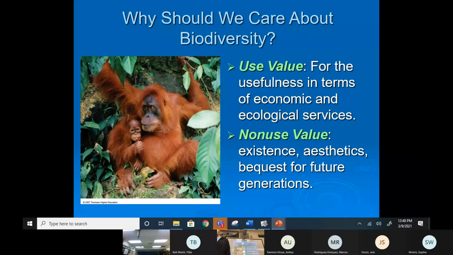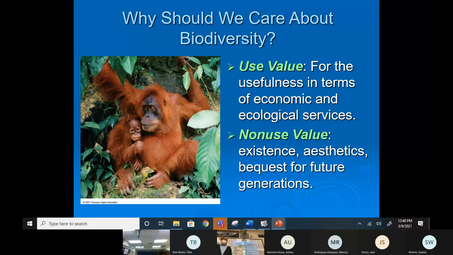Well, we can split these reasons for caring into two groups: the usefulness of the organism, or other aspects of the organism that don't have to do with its use to people. So, is it useful to have it for our economy or for the ecological services that it provides?